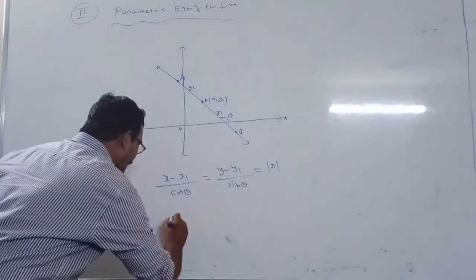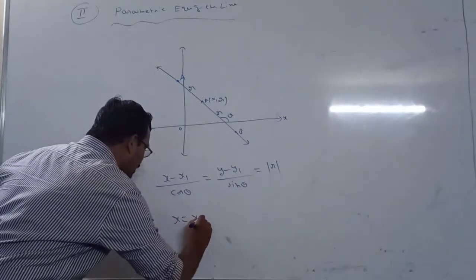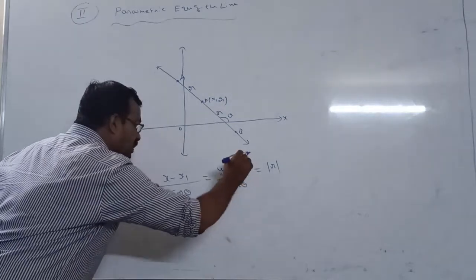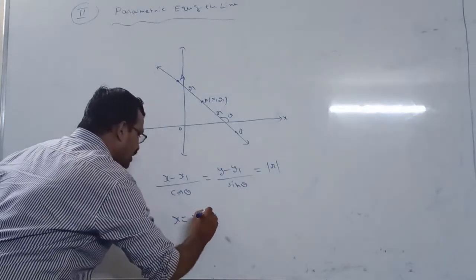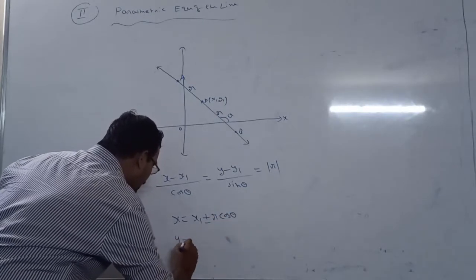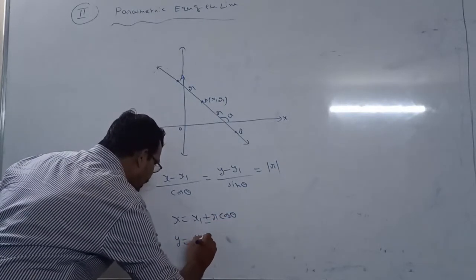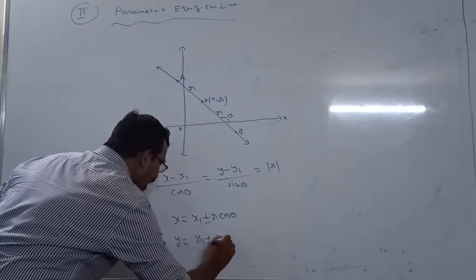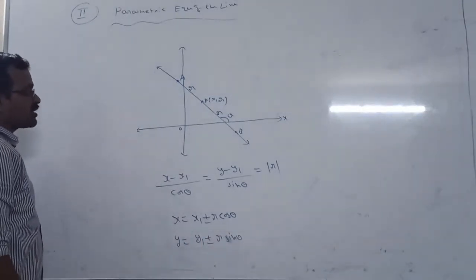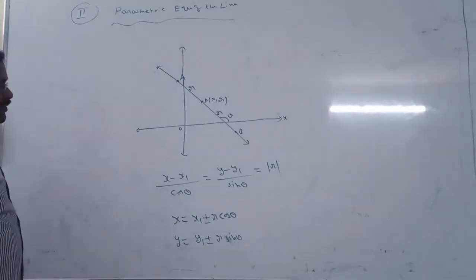After simplifying, you get x equal to x1 plus or minus r cos theta, y equal to y1 plus or minus r sin theta.